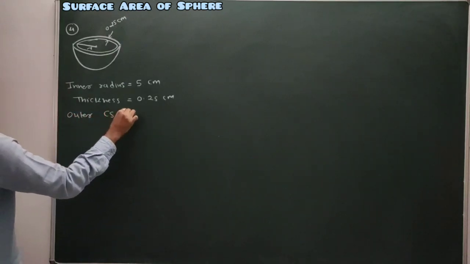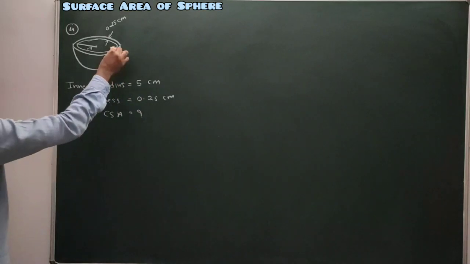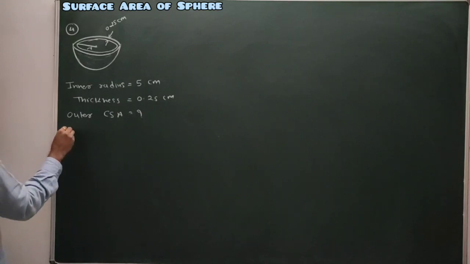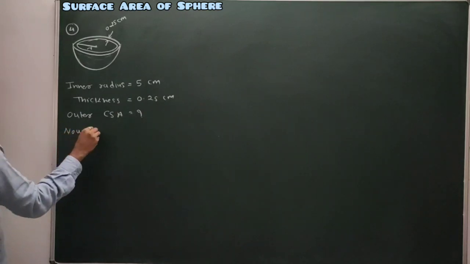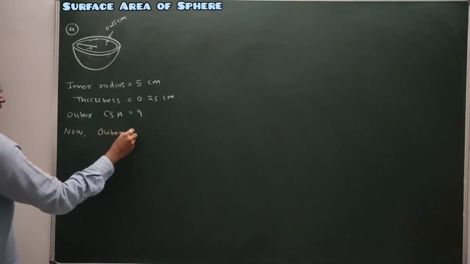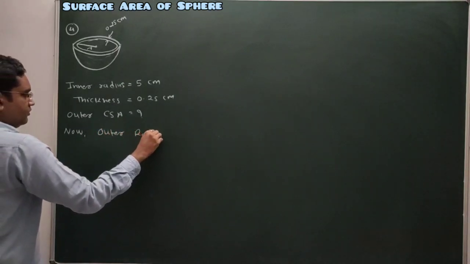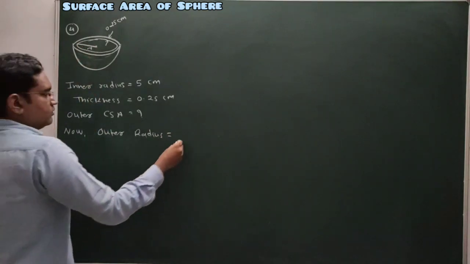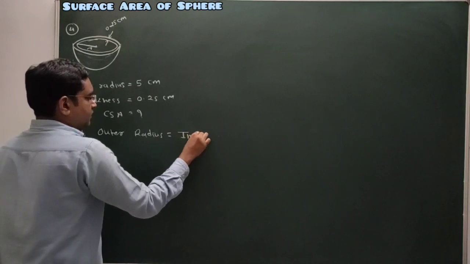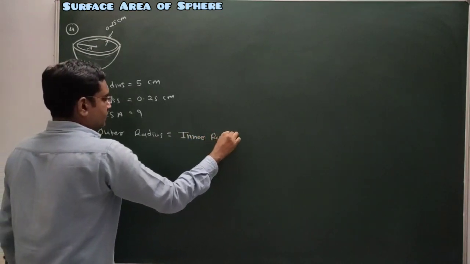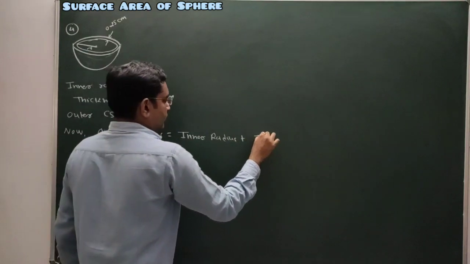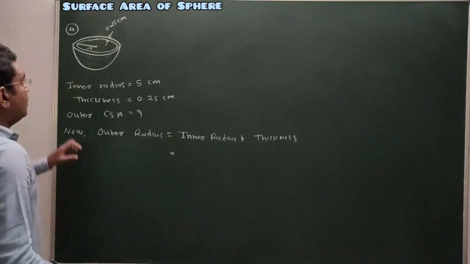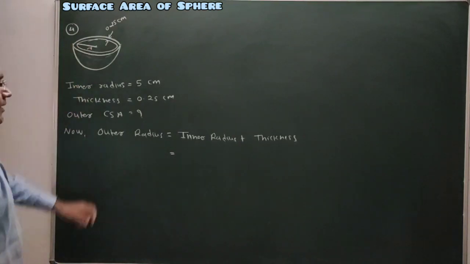To find this outer curved surface area, we require the outer radius. So what is the value of the outer radius? The outer radius is nothing but the inner radius plus the thickness of the bowl. Clear? The thickness of the bowl is given, so outer radius will be inner radius plus thickness.